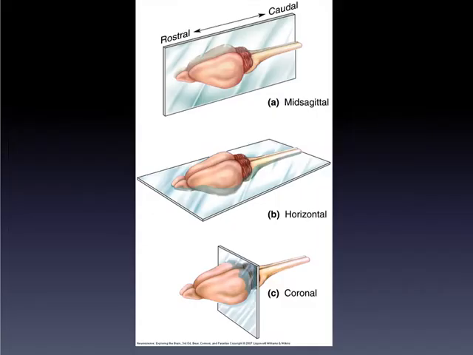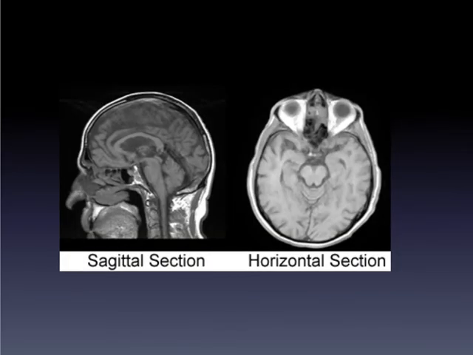Okay. All right, so those again are the sections, and here we can see some of those sections as applied to a human. So here's a sagittal section in a human, in an MRI, which is a method for imaging the brain, and here we can see a horizontal section.